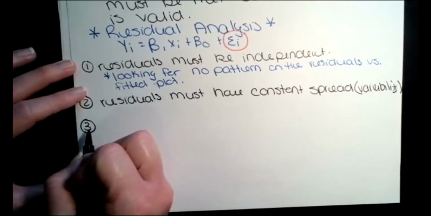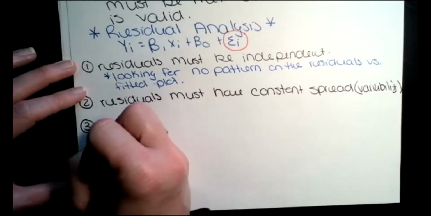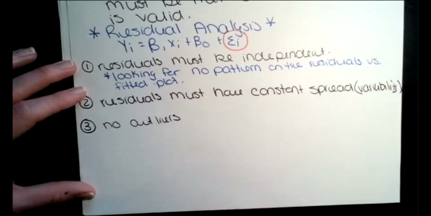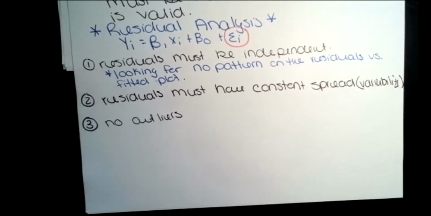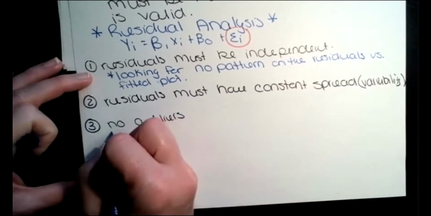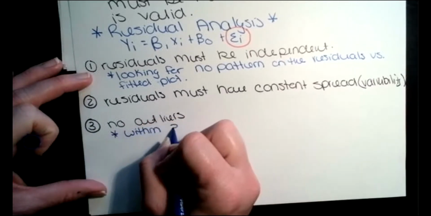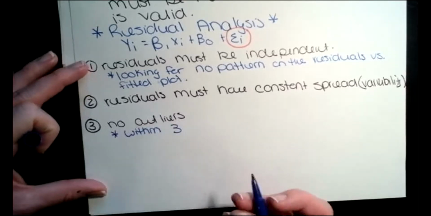Okay, so my third requirement is no outliers. What we're saying here with no outliers is we're looking to have them within 3 standard residuals.